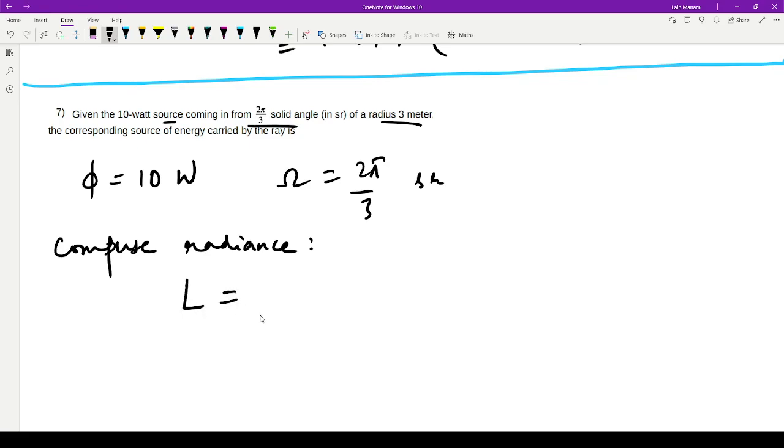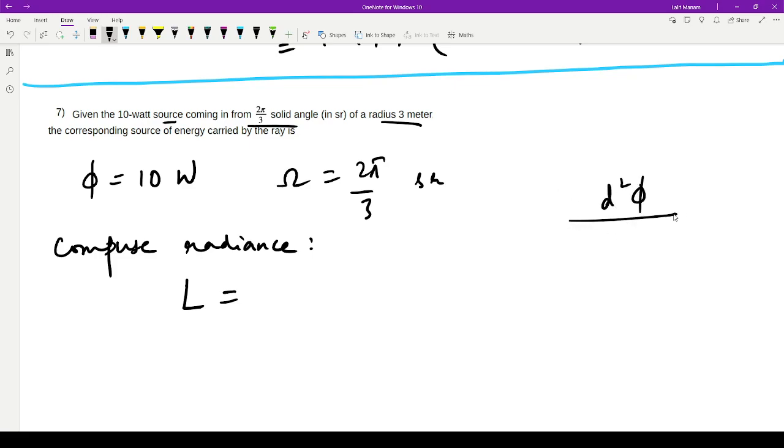L is something what? d square phi divided by dA into cos theta d omega.